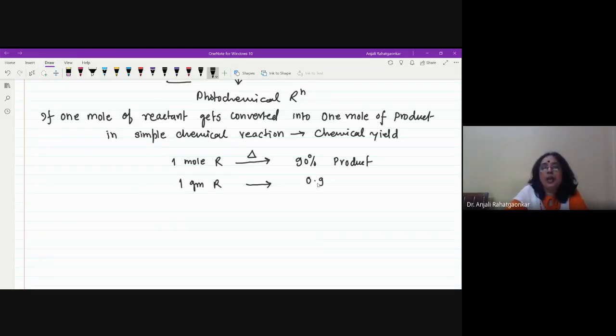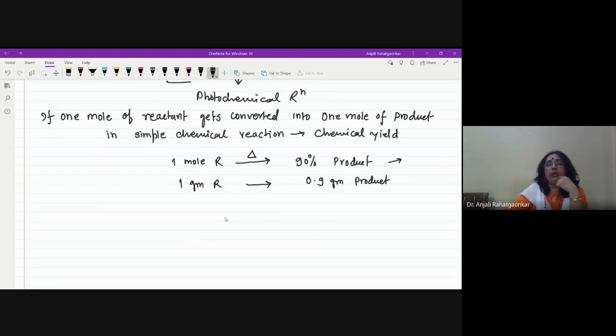I'm expecting 0.9 grams of the product. Of course, this is all arbitrary because the molarity might be different in the products. You understand how to calculate the molarity of the product from the molecular weight? Yes. Okay. So this is an arbitrary value.